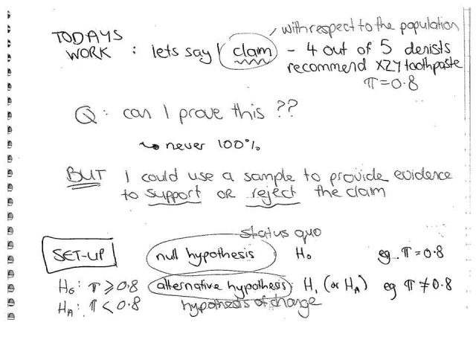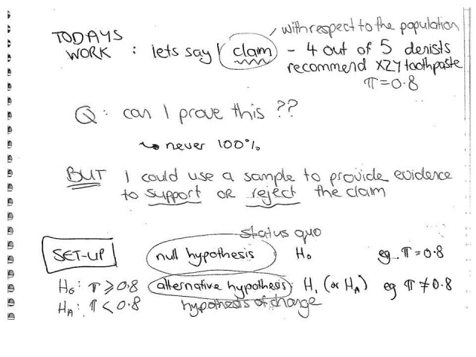For example, our null hypothesis might be that our population proportion pi is equal to 0.8. Pretty much this null hypothesis is going to be considered the status quo, the starting position, and then you're interested in whether or not that position continues or whether there's some change.